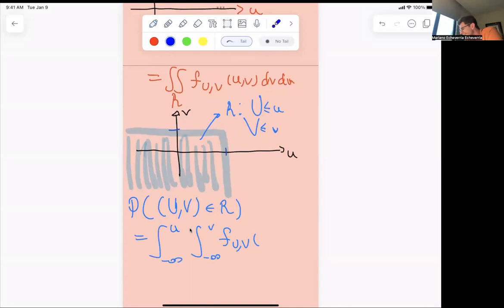It is better to avoid calling these U and V again, and the easiest way to fix that is to call them U tilde, V tilde, or U prime, V prime. Here prime doesn't mean derivative, it's just a dummy index of integration. I'll call them U tilde, V tilde because I don't want you to get confused with derivative notation if I put primes.